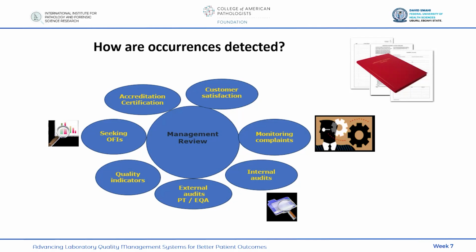So, monitoring complaints, actively monitoring complaints. Whenever one person complains, just know that there are thousands of complaints, especially in this our environment where people don't actually speak their mind.